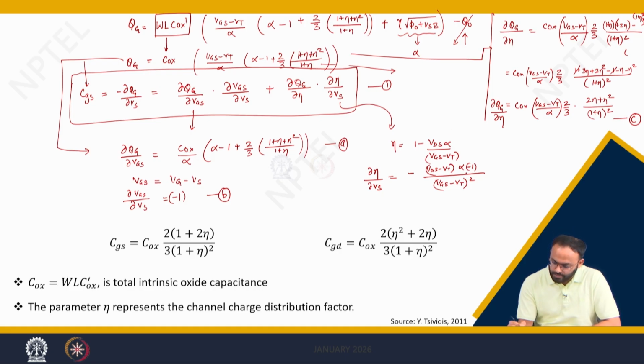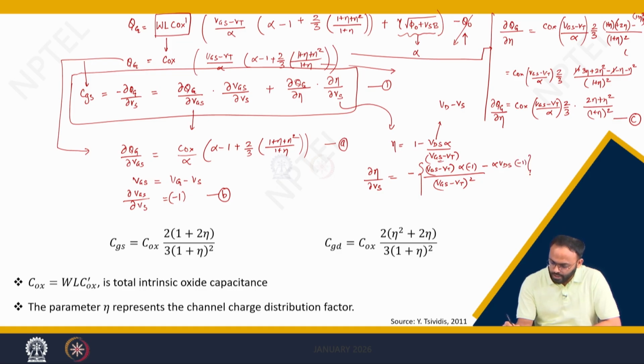Alpha into minus 1, right? Because Vds is nothing but Vd minus Vs, and when you differentiate with respect to Vs, you will get minus 1, minus alpha into Vds.